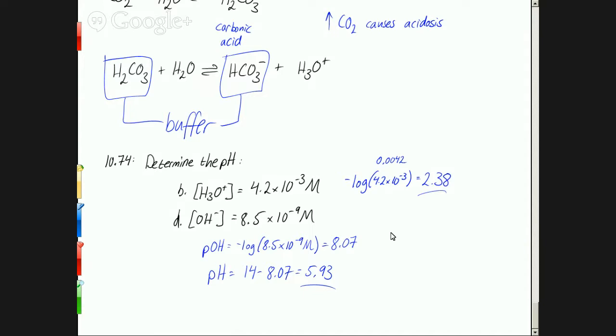Okay, let's do a couple where we go the other way. So this would be like 10.78. The question is, calculate the hydronium ion concentration and the hydroxide ion concentration for these various pH values.